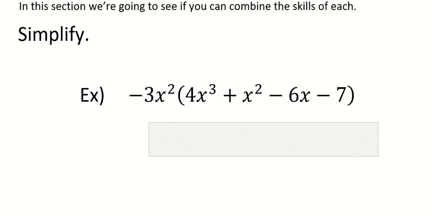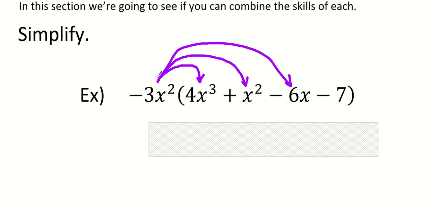So in this lesson, we're really just going to combine those different skills, the distributive property along with those exponent rules. You can see already how we're going to be combining these skills where we're distributing. But as we multiply, we're not just distributing a 5 or a negative 2, we're distributing a negative 3x squared.